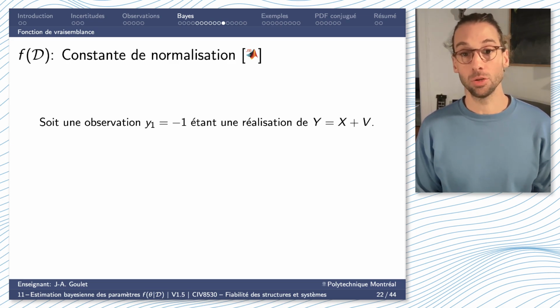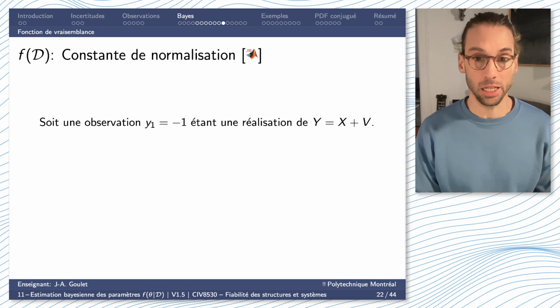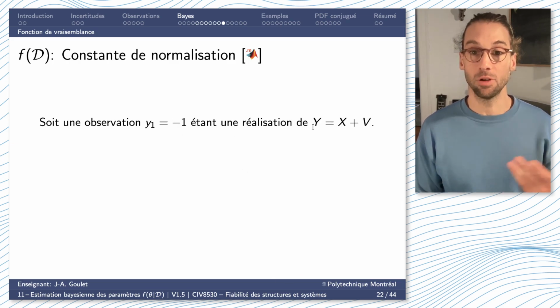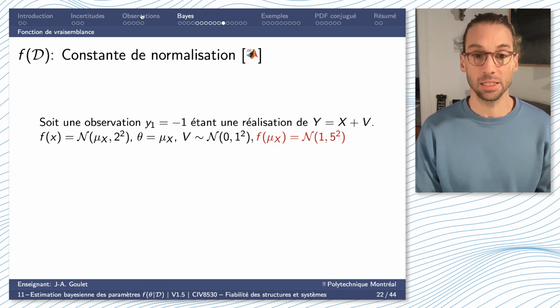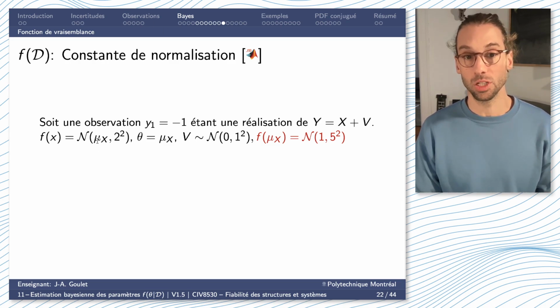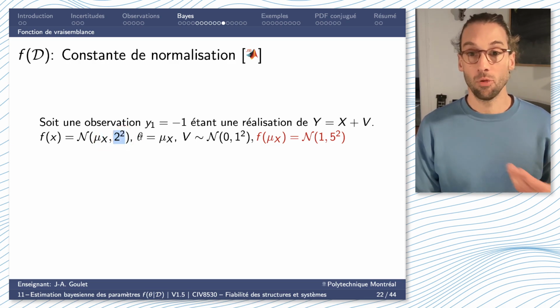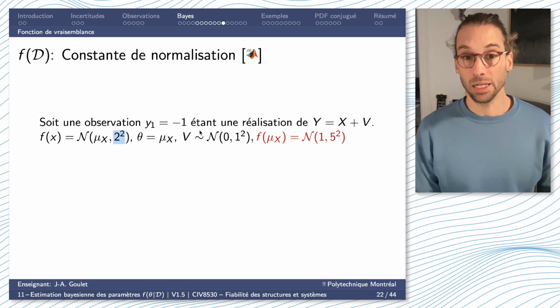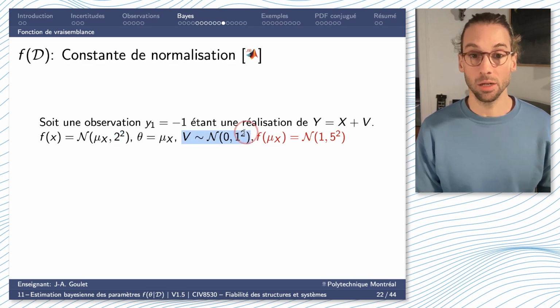So if we look a little closer at our normalization constant, let's assume that y equal -1 is a realization of that additive observation process. We have f of x is normal. We still don't know what mu x is. We know the variance is 4. The parameter we're trying to characterize is mu x. We have, again, that same observation error described by a zero mean unit variance process.